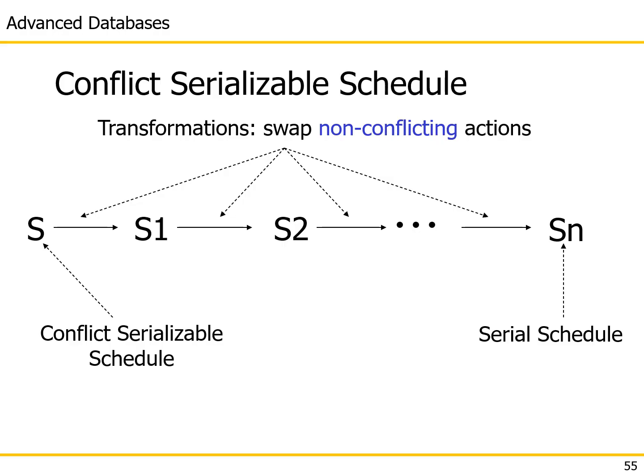As long as I can find non-conflicting steps, swapping them has no effect on the final result. So I will keep swapping them until I cannot do any further swaps. And the nice thing is, these swaps make the schedule conflict serializable.